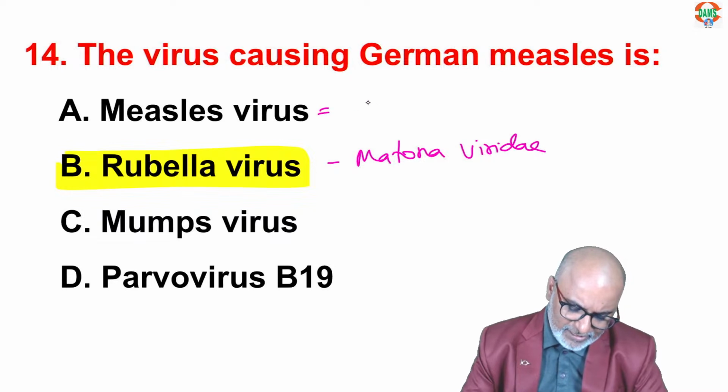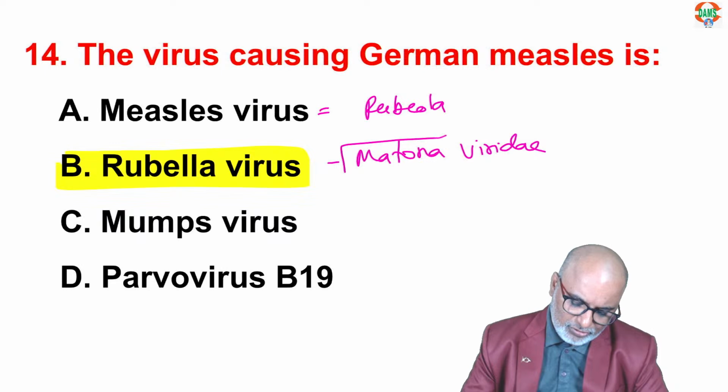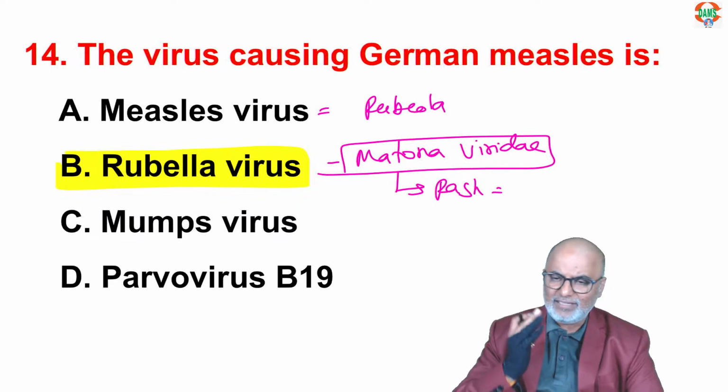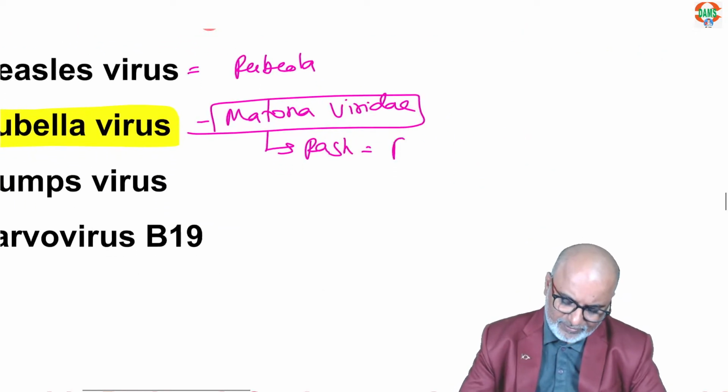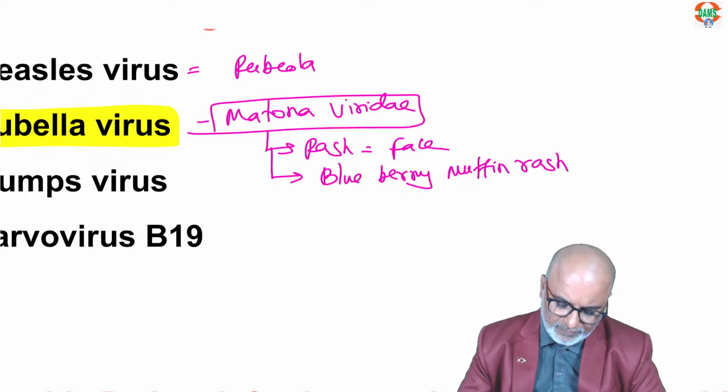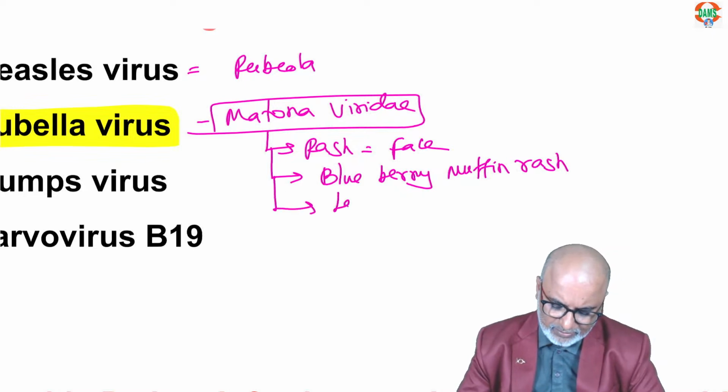Measles virus causes rubeola. The classical feature is rash that appears mainly on the face, and blueberry muffin rash with lymphadenopathy.